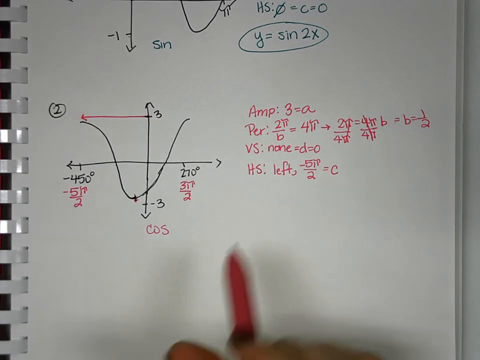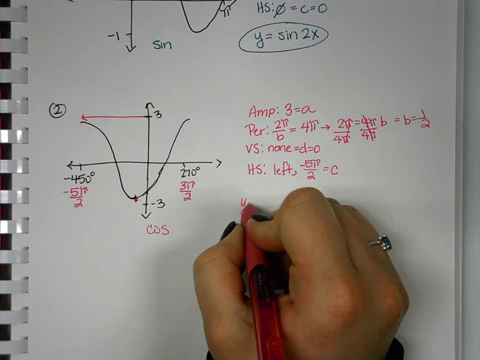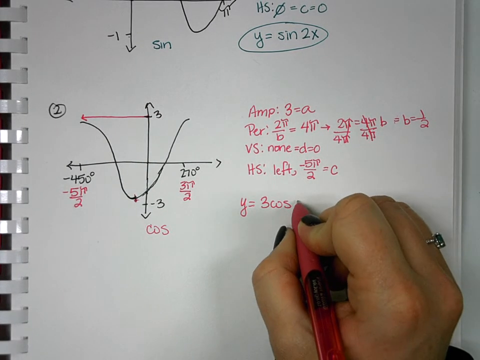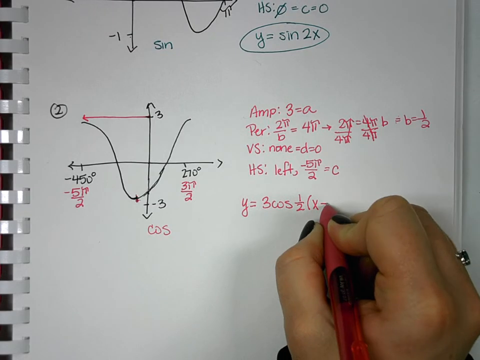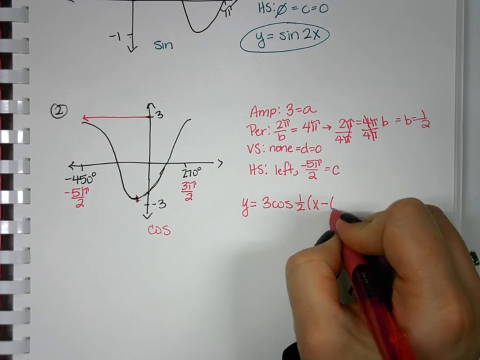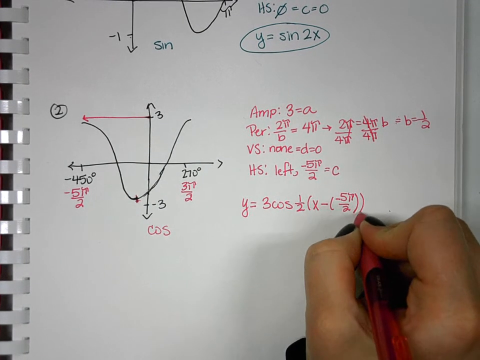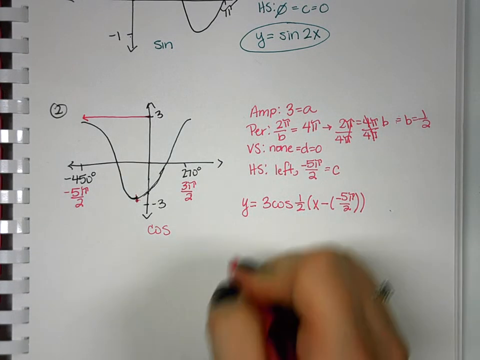So now that we have each letter accounted for, y equals 3 cosine, put your b on the outside, times x minus negative 5 pi over 2. And then we didn't have a d, so we don't have to worry about adding anything on the outside.